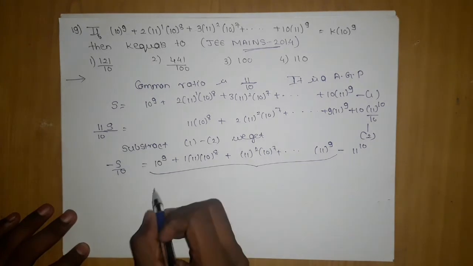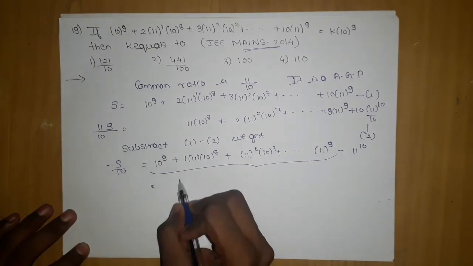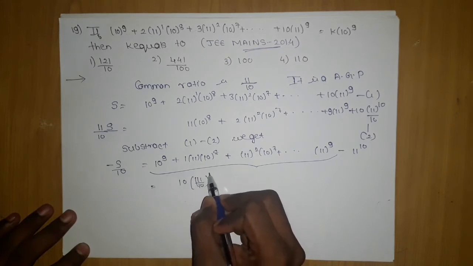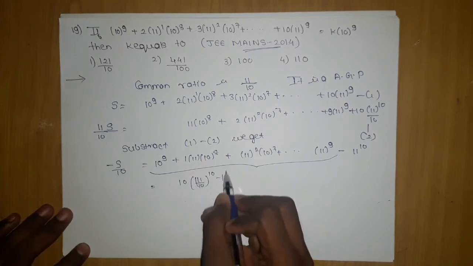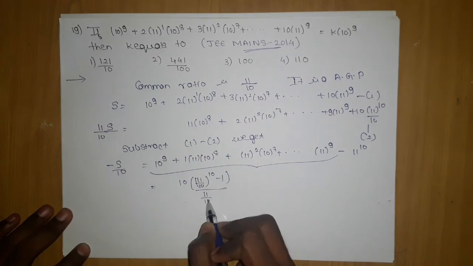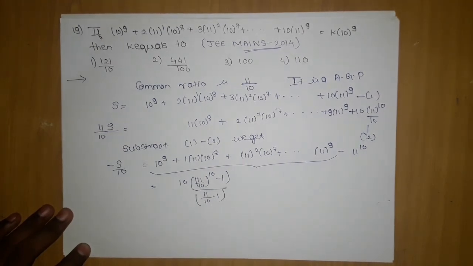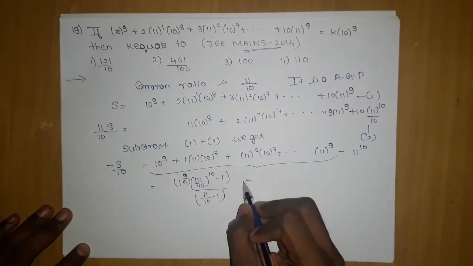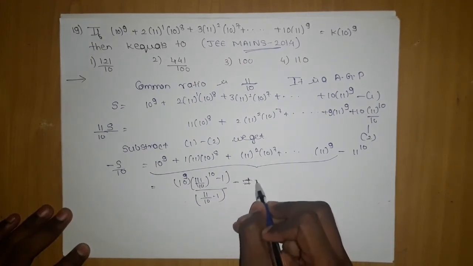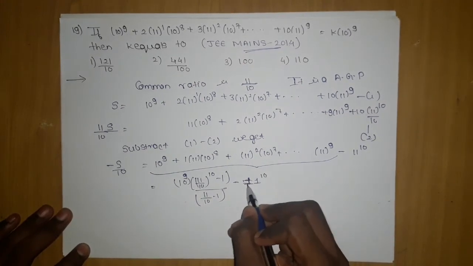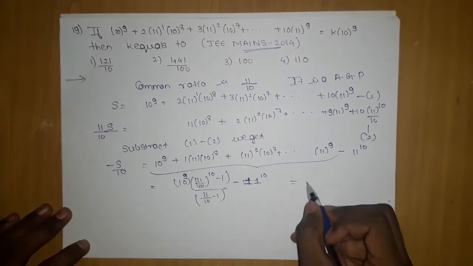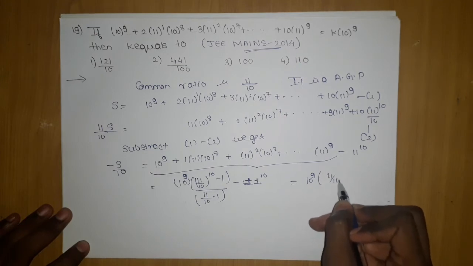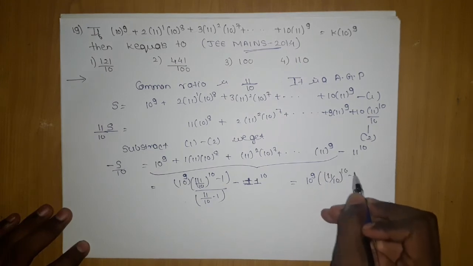So if we apply the sum of GP on this, since 11 by 10 is greater than 1, we use the formula with a into r to the power n minus 1 upon 11 by 10 minus 1, and the first term is 10 to the power 9. What we are getting here is 10 to the power 9 into (11 by 10 whole power 10 minus 1), minus 11 power 10.